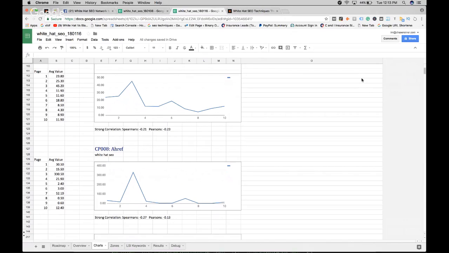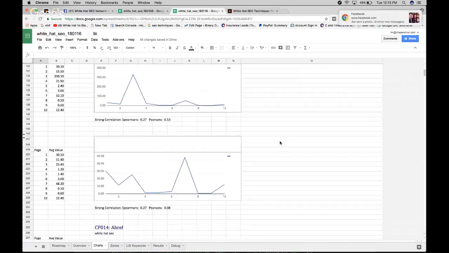And you can see that a lot of these strong correlations have a negative slope on the graph and a negative correlation coefficient. If you wanted to see the graph of the correlation, this is where you can do that. A really good way to use this is when you get into local.